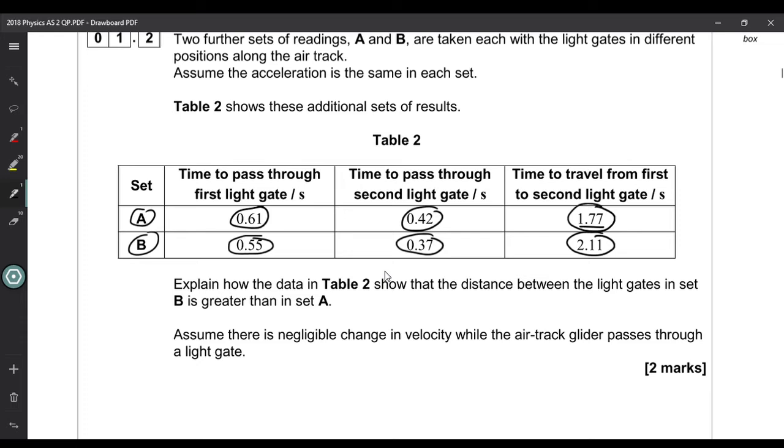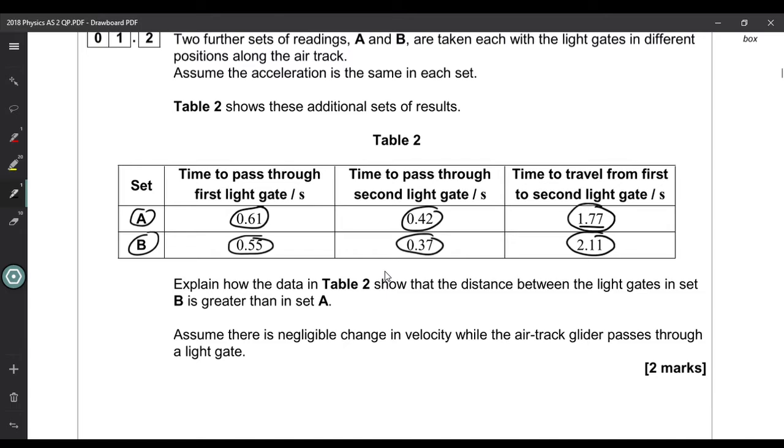So now we've determined that it's travelling at a greater velocity and it's taking a longer time. That's how we can then say that the gates in B are at a further distance. So it isn't just a case that it's taken longer to travel, it's taking longer to travel and it is travelling at a greater velocity.